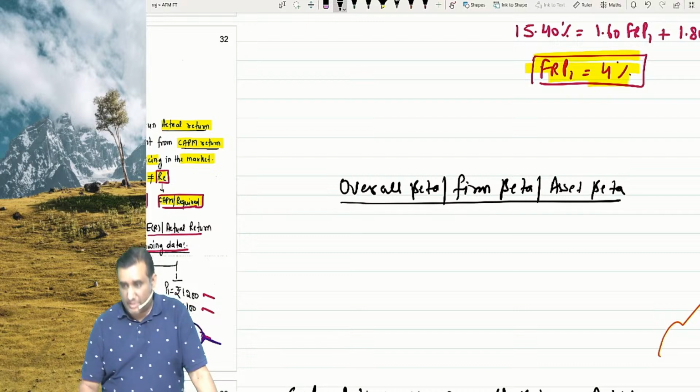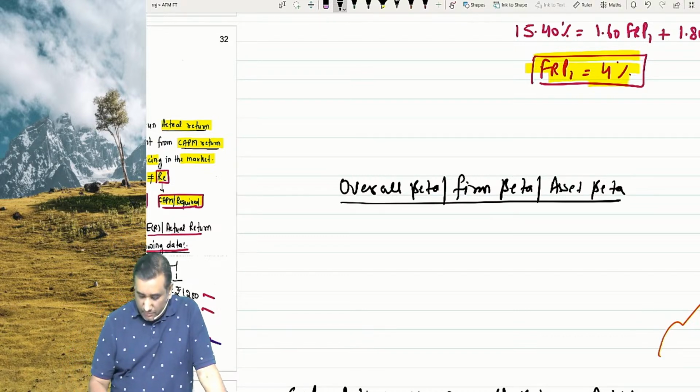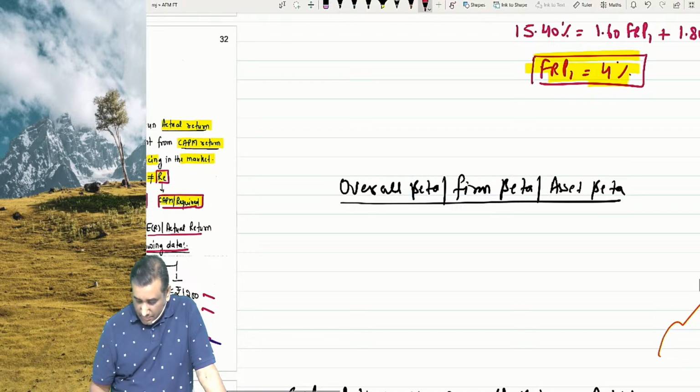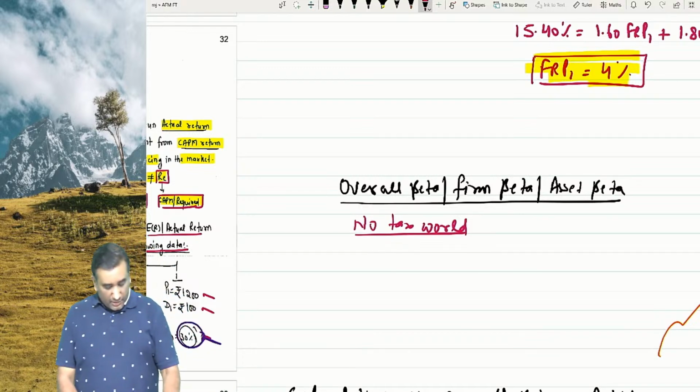Two types of workings can come in the exam. One is with a no tax world. We are in a no tax world.